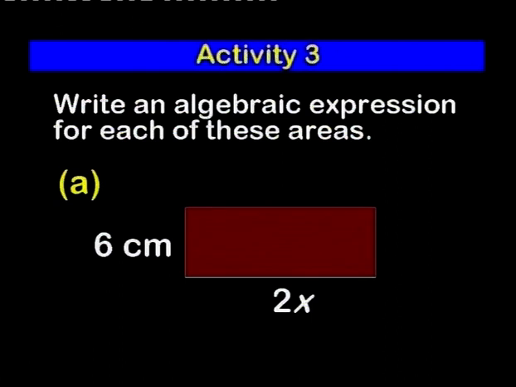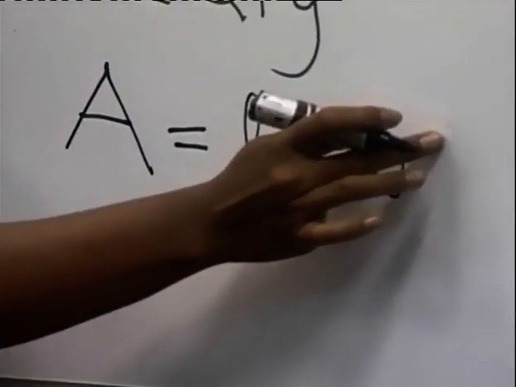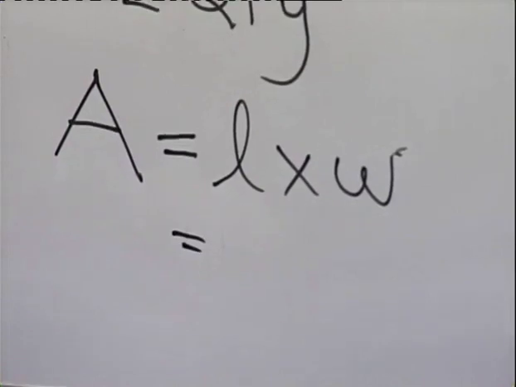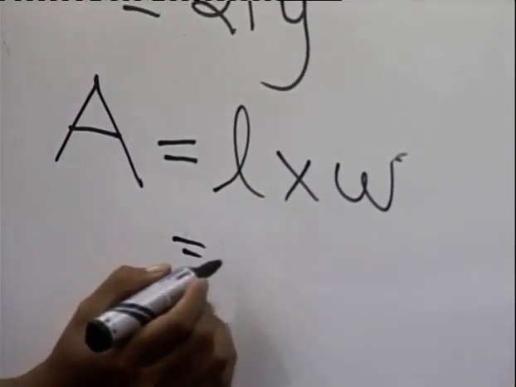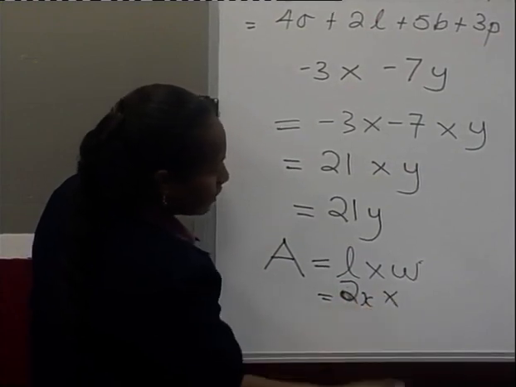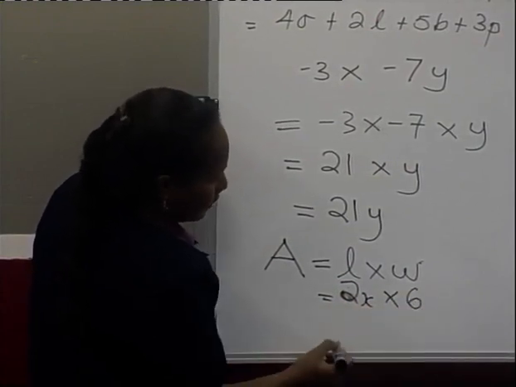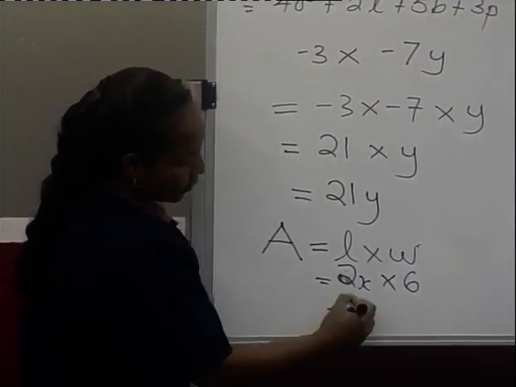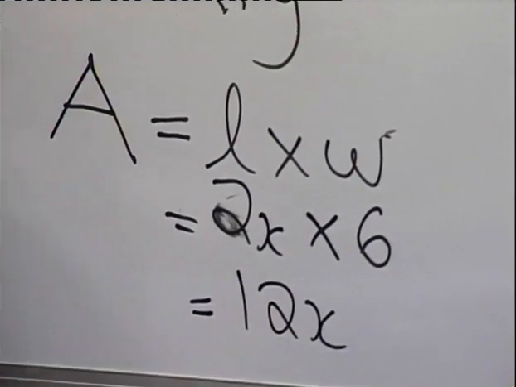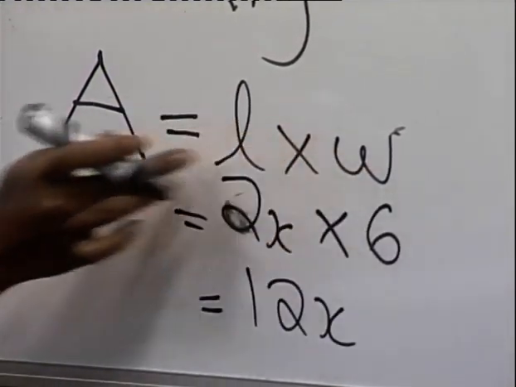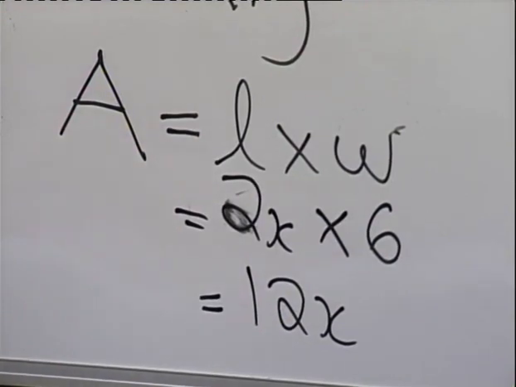Okay, so A is equal to length times width. Remember, I will replace L and W with the pronumerals there, which is, what is the length? 2x times 6. And what would be the area of that shape? 12x. Right? So this is the algebraic expression.